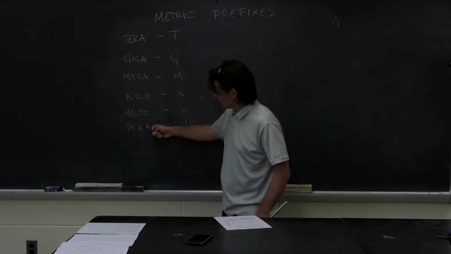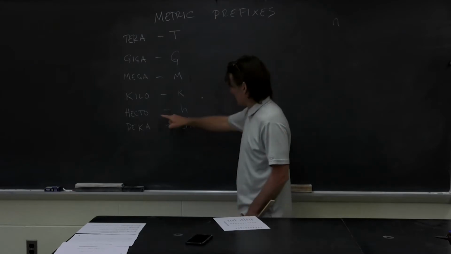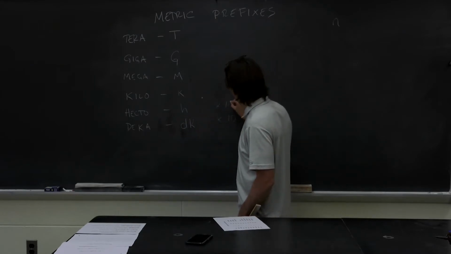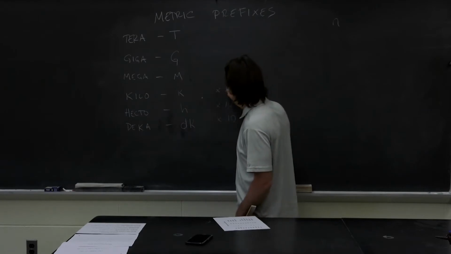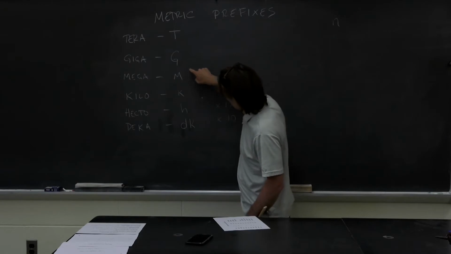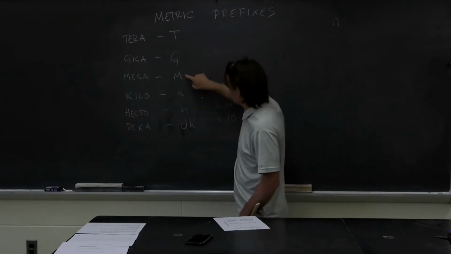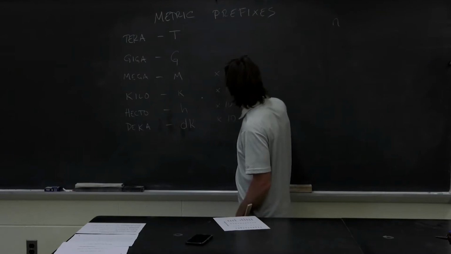So a decameter is multiplied by 10. A hectometer is multiplied by 100. A kilometer, a kilo, that's multiplied by 1,000. And then these skips all get multiplied by 1,000 again. So a megameter, that's actually multiplied by 1,000,000.